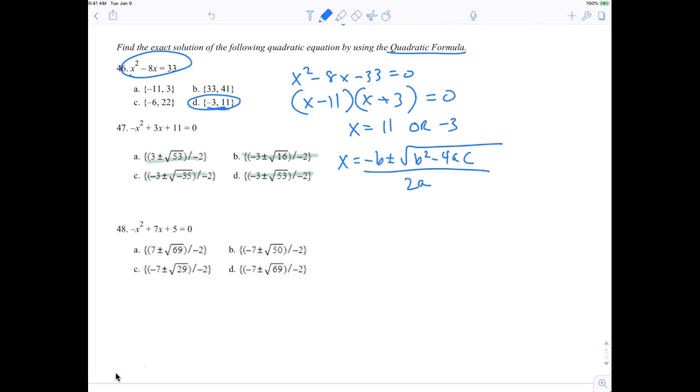So x equals negative 3 plus or minus the square root of 9 minus 4 times negative 1 times 11, all over negative 2.